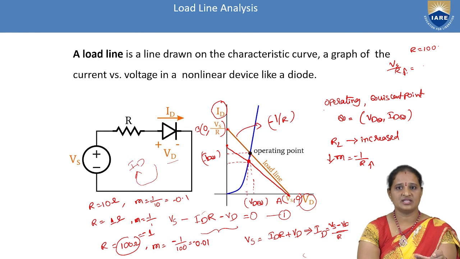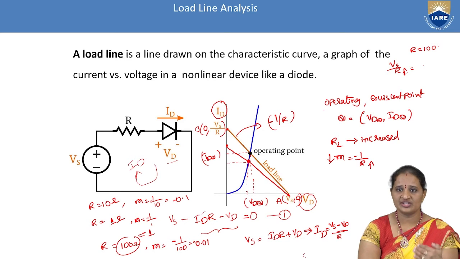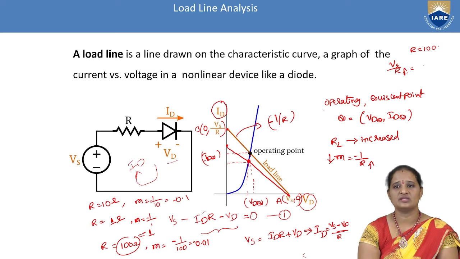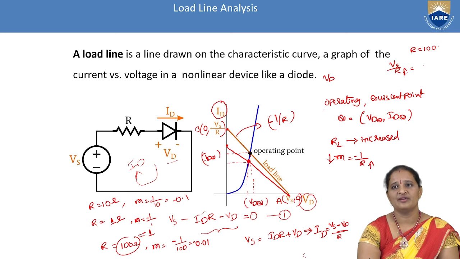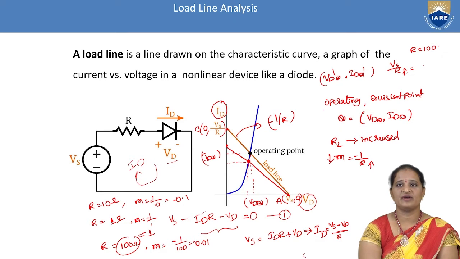If the resistance is decreased, the load line will shift upward, and hence the operating point will also shift. This new operating point can be denoted as VDQ dash, IDQ dash. So this is the effect of the load line.